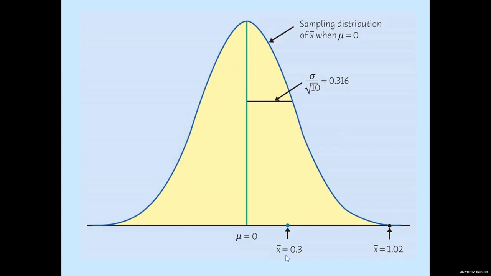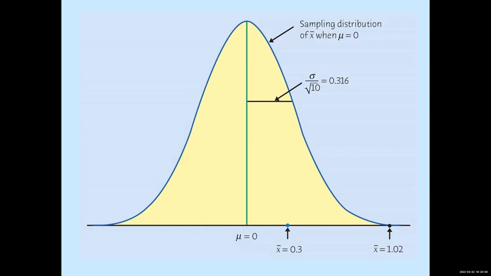And we're going to look at our x bar. Based on this normal distribution that is set up by our null hypothesized value and our sampling distribution standard deviation, for any x bar that I get, I can evaluate the probability that this x bar is as far away from the true mean, if it's really true, as the one that I got.